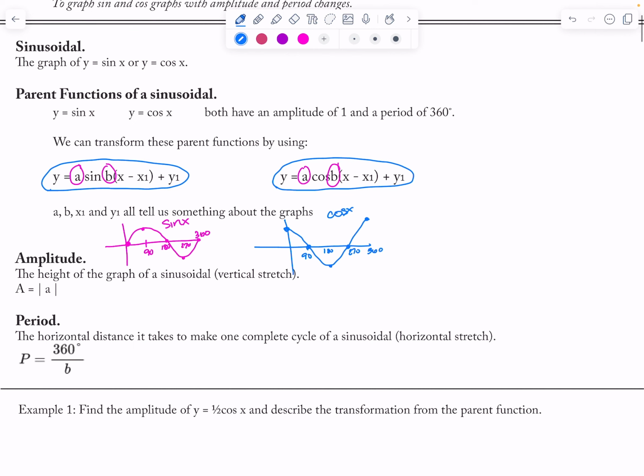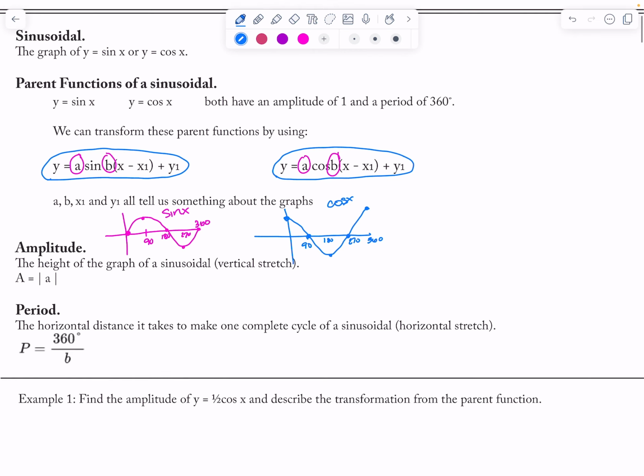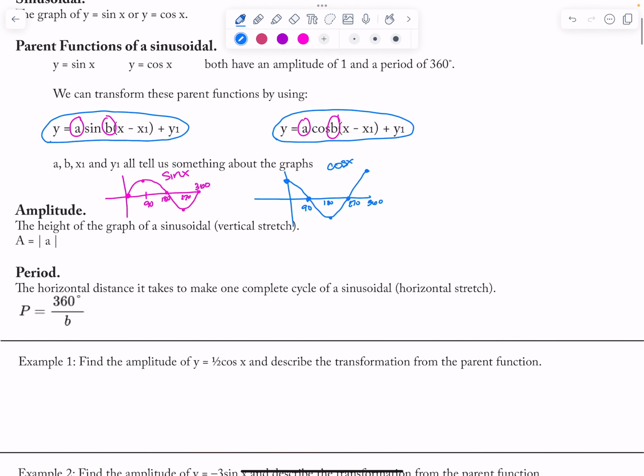And we're going to talk about how a, b, x1, and y1 change what the graph of the parent function looks like. Okay, so amplitude is the absolute value of a. It's the vertical stretch. And the period is the horizontal distance it takes to make one complete cycle.